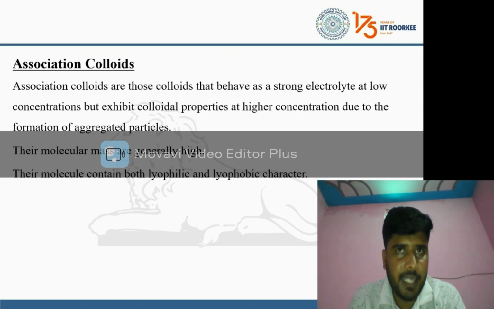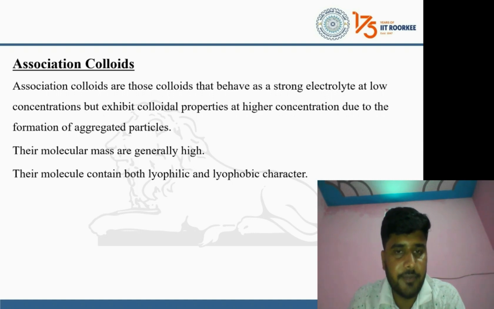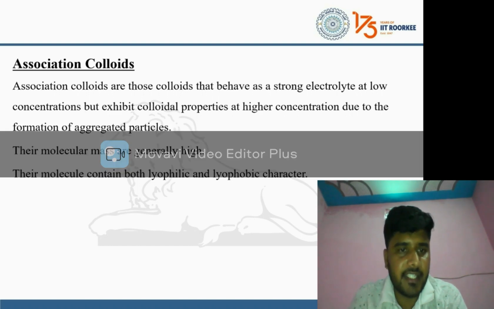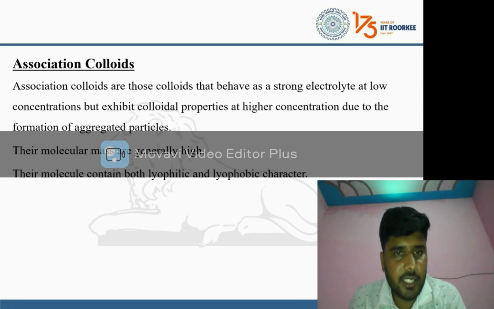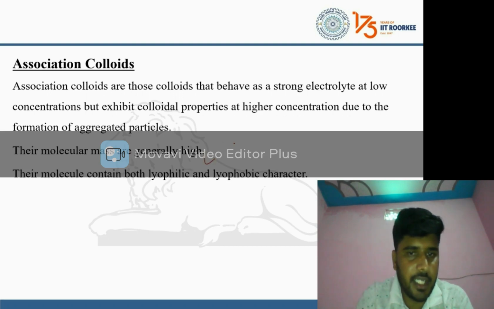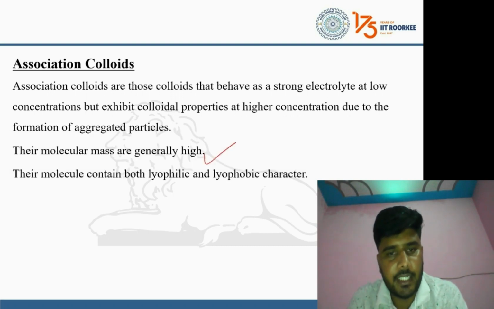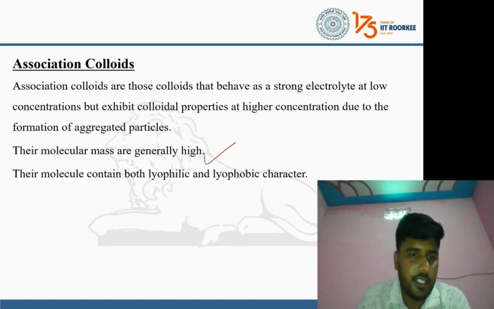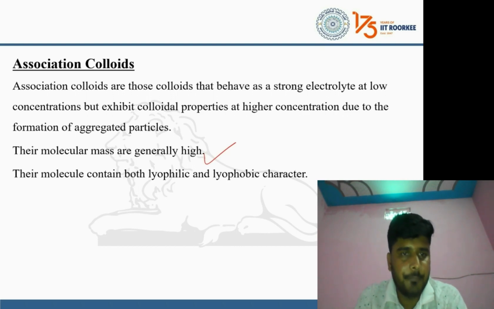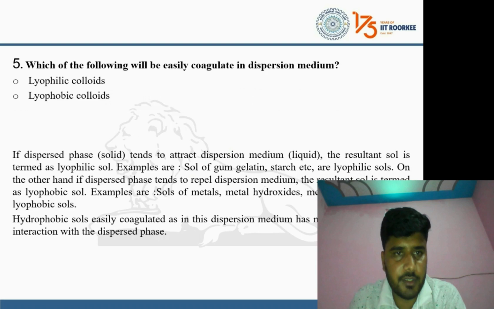In that scenario you add surfactant gradually, and at some particular concentration it shows the colloidal property, that is, aggregation. Association colloids generally have high molecular mass, and they can have lipophilic and lyophobic character also. So this is the basic definition.